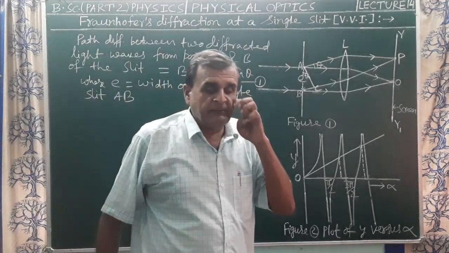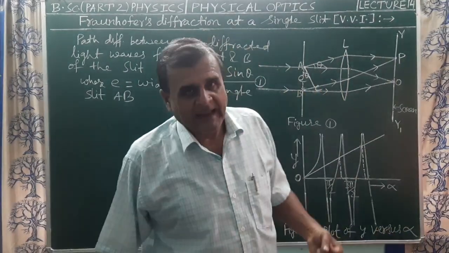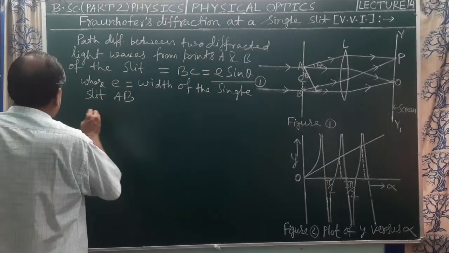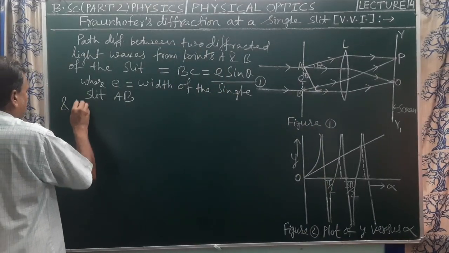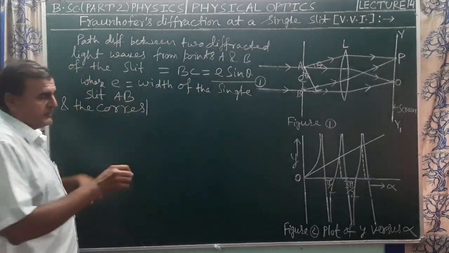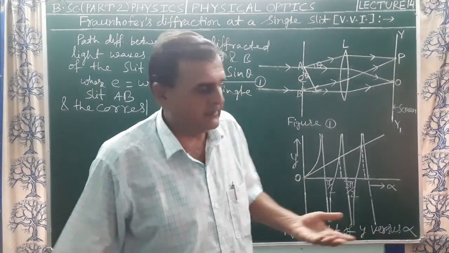Now the corresponding phase difference between two diffracted light waves from points A and B of the slit is given by phi, and the corresponding phase difference is equal to 2 pi by lambda multiplied by the path difference.